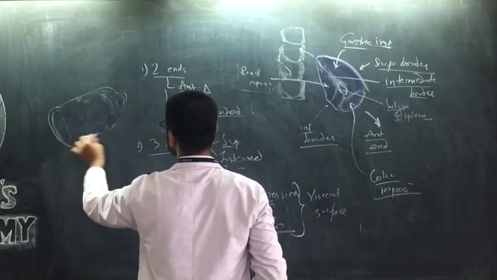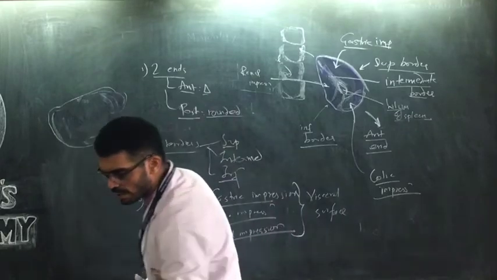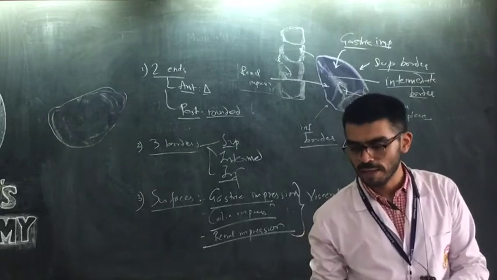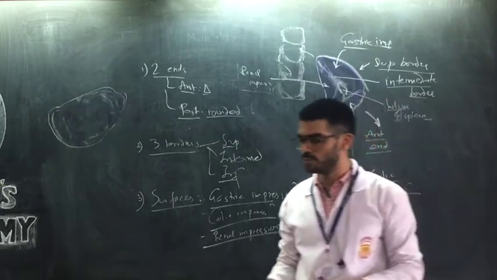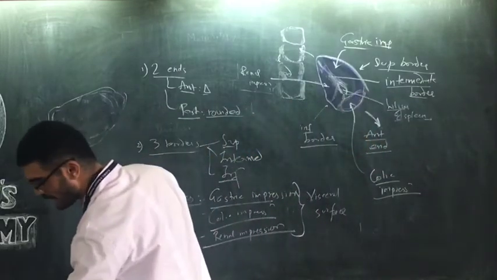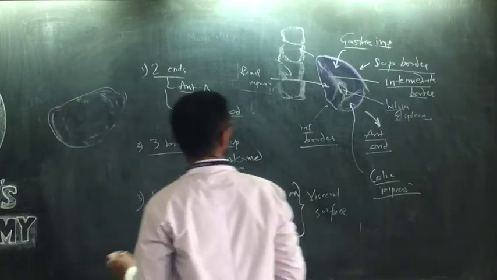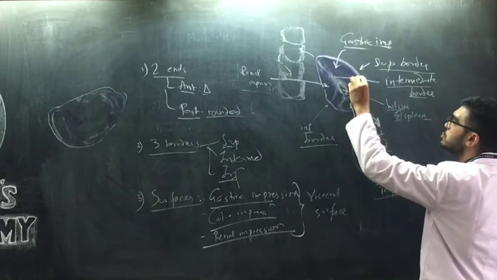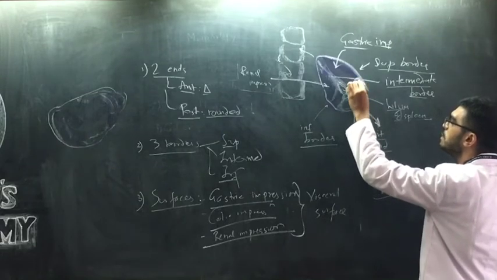We've seen the relations. Now, the most important thing about the spleen that really helps us in identifying it and holding it in the anatomical position is something known as the splenic notch, which is almost always present at the junction of the superior border with the anterior end.